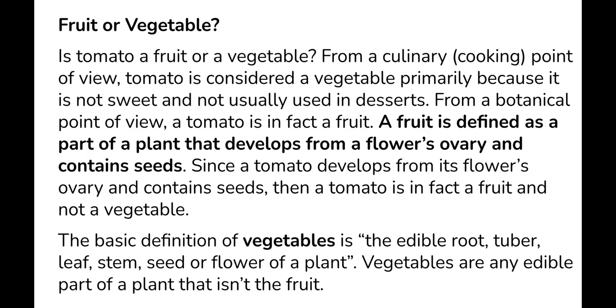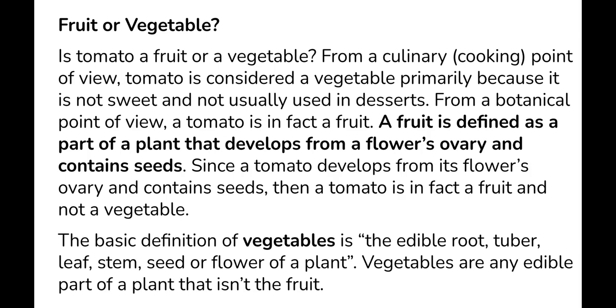Tomatoes are considered vegetables, and cucumbers and pumpkins are also considered vegetables. But actually, these are not vegetables. These are fruits. By definition, a fruit is a part of a plant that develops from a flower's ovary, and it contains seeds.